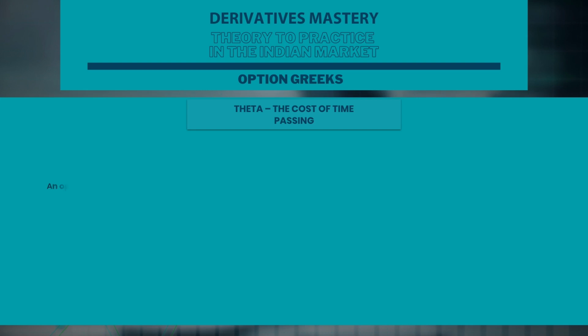Let's consider an example to see this in action. Suppose an option seller writes an option for rupees 54 and the theta of the option is 0.75. Over the course of 3 days, the option's value is expected to decrease by 0.75 points each day.